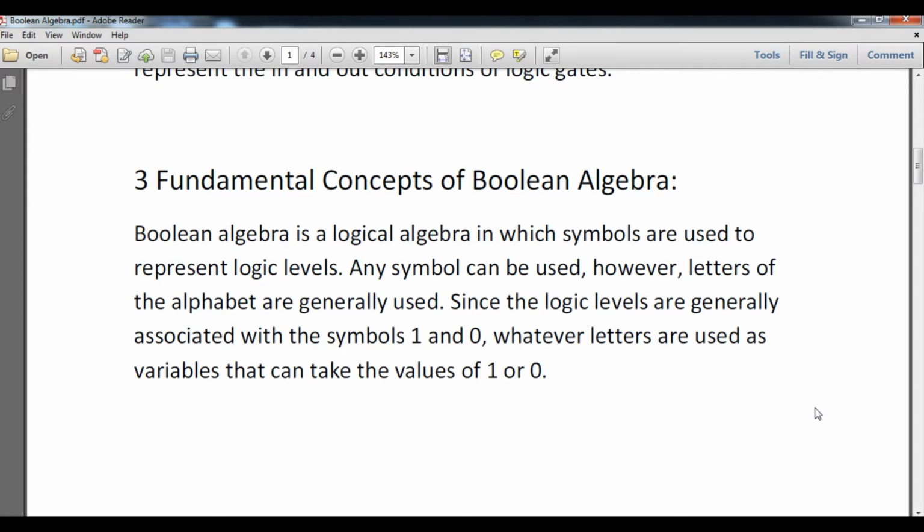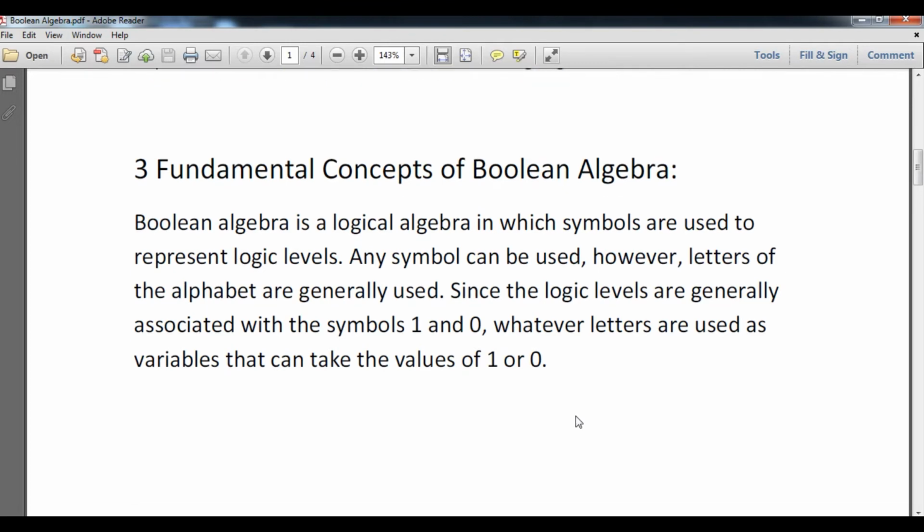One important thing for you all, students: we can use variables for that also, like in Python programming, where we learned variables A, B, C or meaningful variables. In the same way we can use single-character variables like A, B, C, X, Y, Z, and their state can be either 0 or 1. So with the help of the symbols 0 and 1 we can represent the values, and letters are used as variables that can take the value 0 or 1.